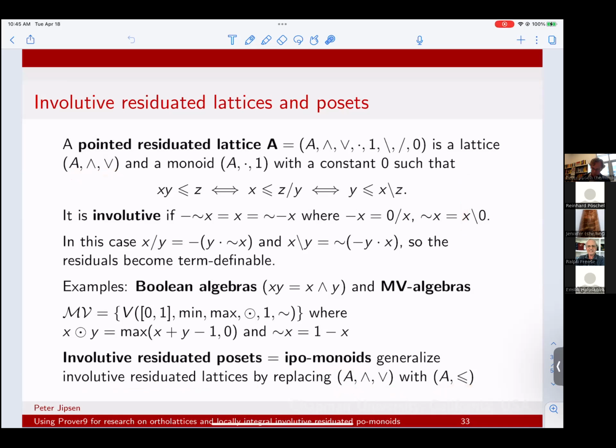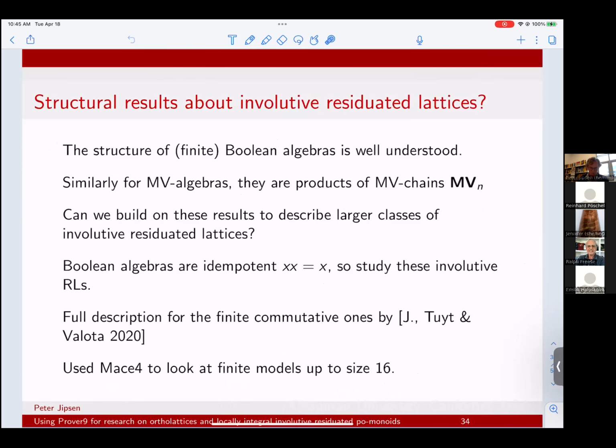So they're just poset ordered residuated structures. And now we want to know, what can we say about structural results of these things like involutive residuated lattices or residuated posets?